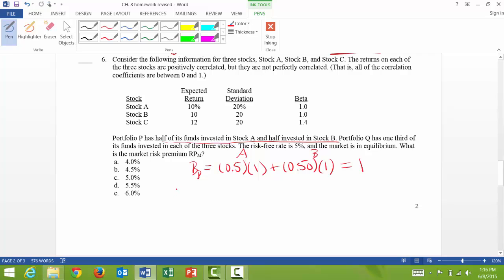Since we're solving for market risk premium, we're going to look at portfolio P's return is equal to the risk-free rate, using the CAPM equation again, plus the market risk premium times the beta of the portfolio. So remember, we don't have to just use CAPM for individual stocks, we can also use it for portfolios.